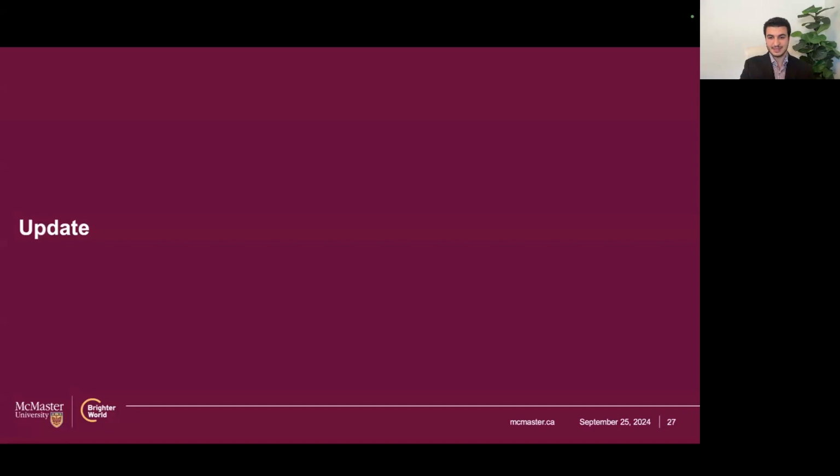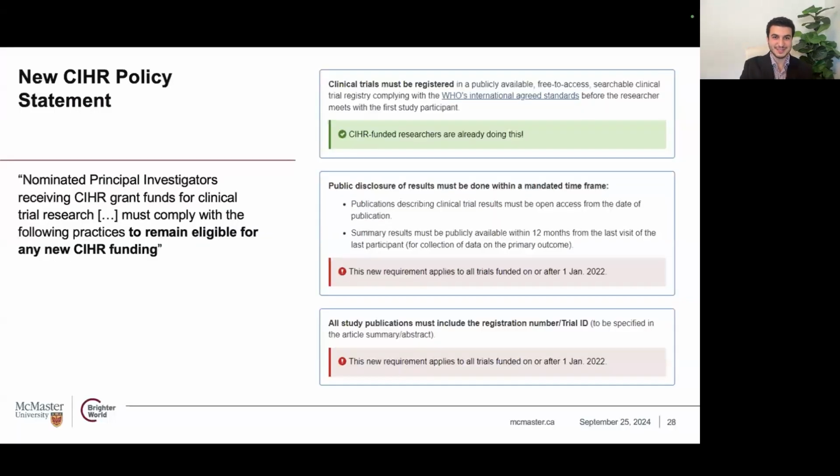Now, as a small update, Dr. Perry shared this email with me about this new CIHR policy here in Canada, which is actually a wonderful step in the right direction. They state that nominated principal investigators receiving CIHR grant funds for clinical trial research must comply with the following practices to remain eligible for any new CIHR funding.